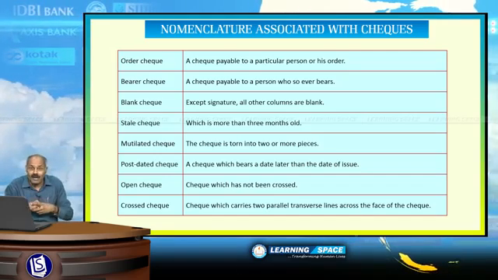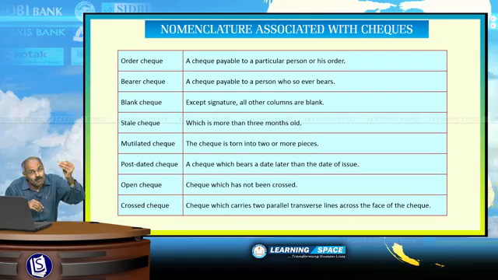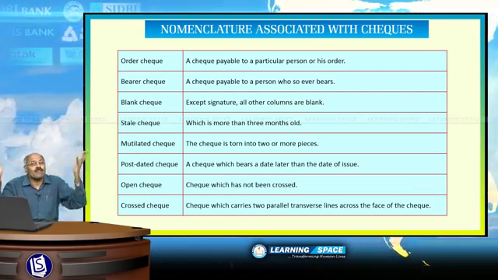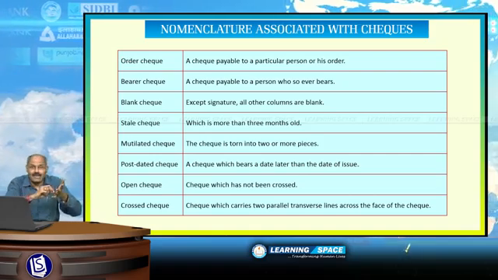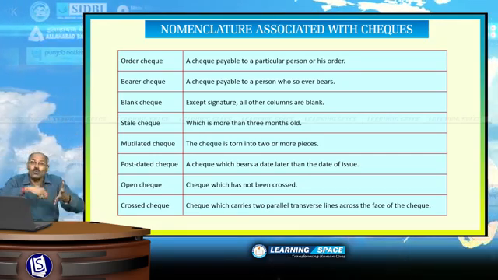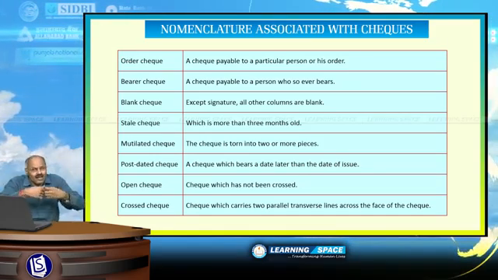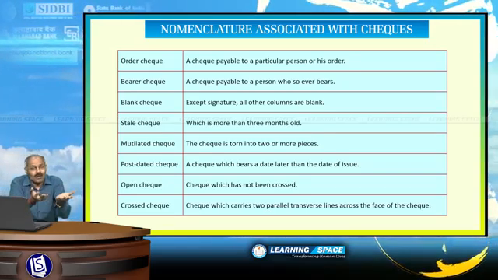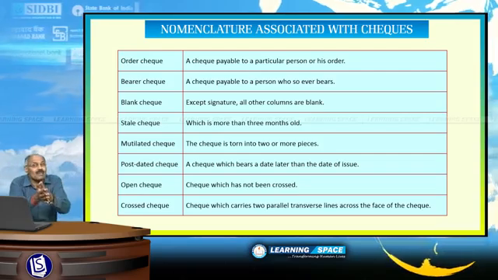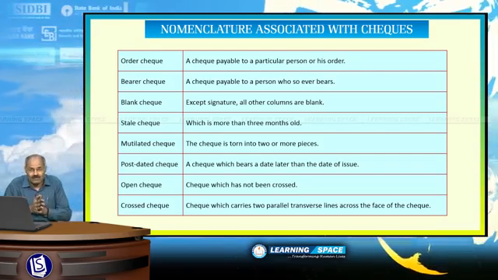Bearer check. Bearer check is a check payable to a person whosoever bears. You are not writing the name of the person to whom it is to be paid, then you are giving the check, then it is a bearer check. One classic example of a bearer instrument is a currency note.